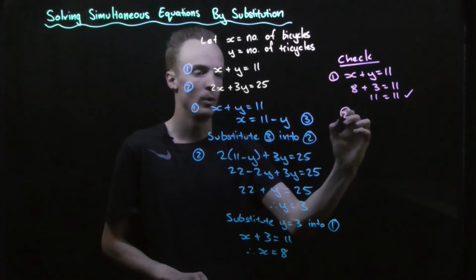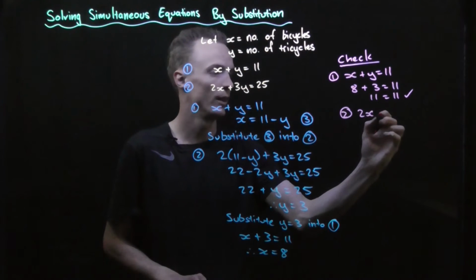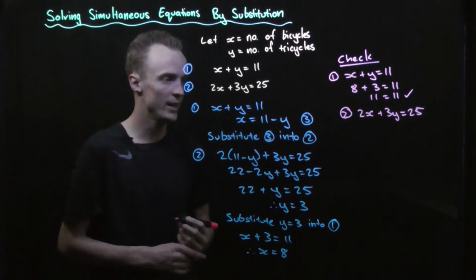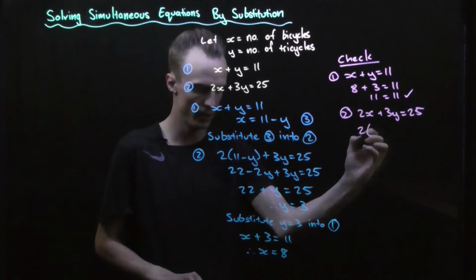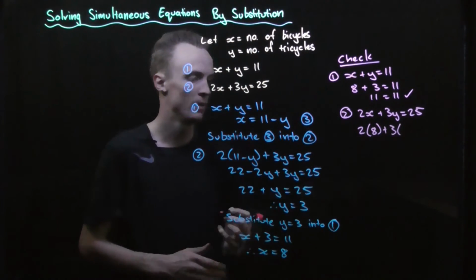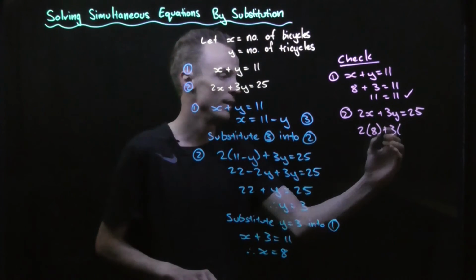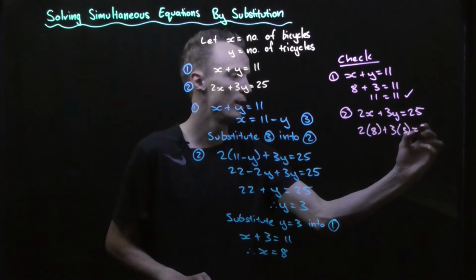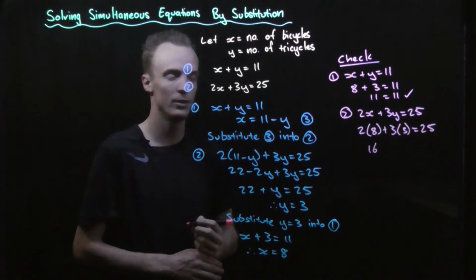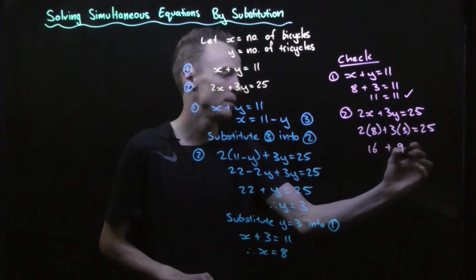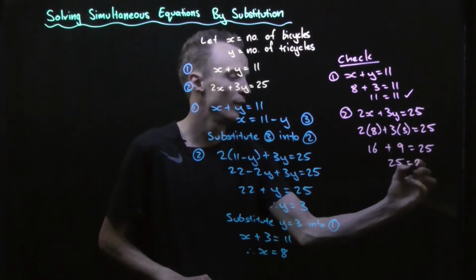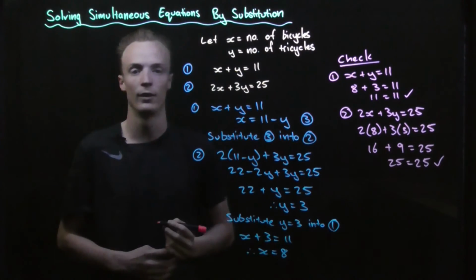Equation 2 was 2x plus 3y equals 25. 2 times our x value of 8 plus 3 times our y value of 3 should equal 25. 2 times 8 is 16. 3 times 3 is 9. 16 plus 9 should equal 25. It does equal 25. So we've found ourselves the correct solution.